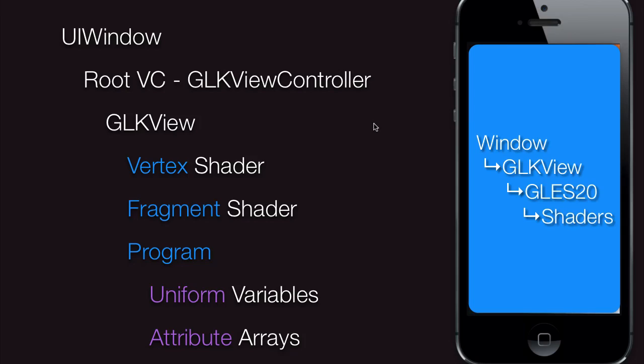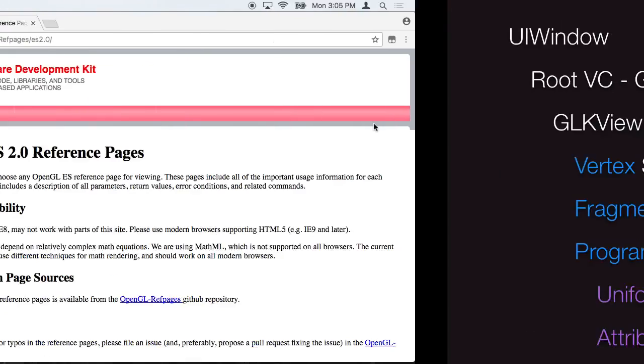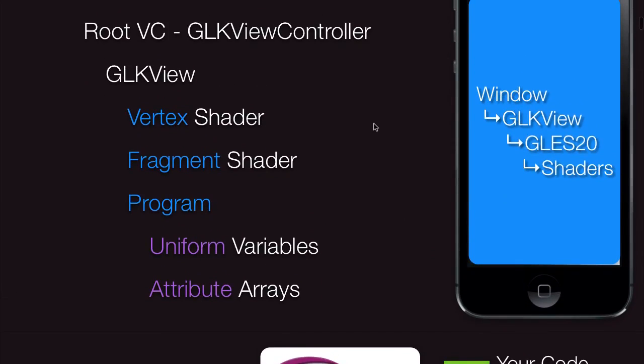What about a fragment shader or fragment? Does anyone know what a fragment is in the context of OpenGL? All right, so you have a shape, for example, a triangle. And as you draw the triangle, as it's composited to screen, you do work on what oftentimes represents individual pixels.